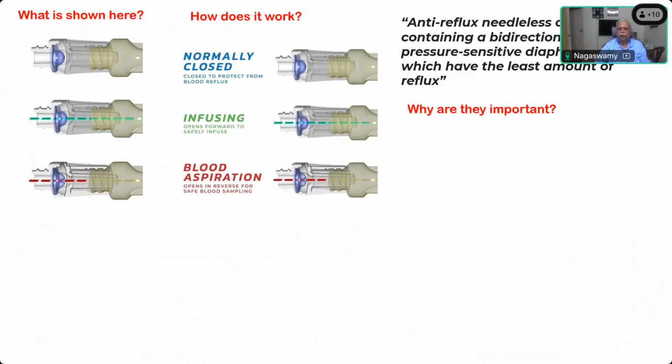backflow. So why are they important? Why do you need these anti-reflux needleless connectors? In which particular gadget use is it very important? In central venous access, central venous line. More than that, when you want to give post-operative pain relief, what gadget can you use which can be controlled by the patient himself?